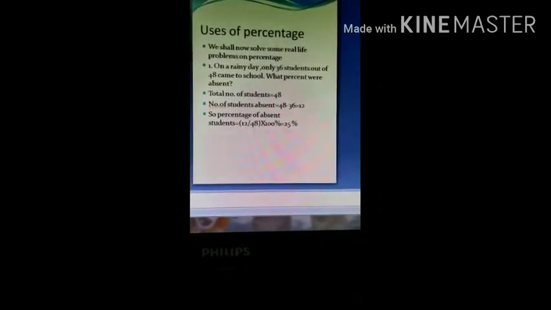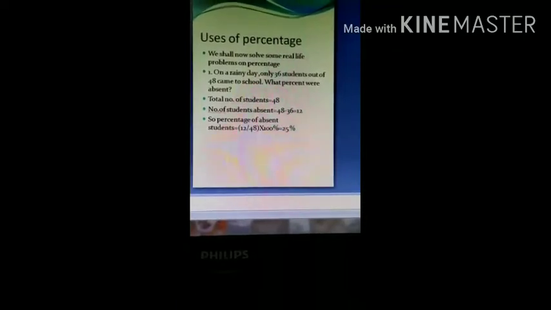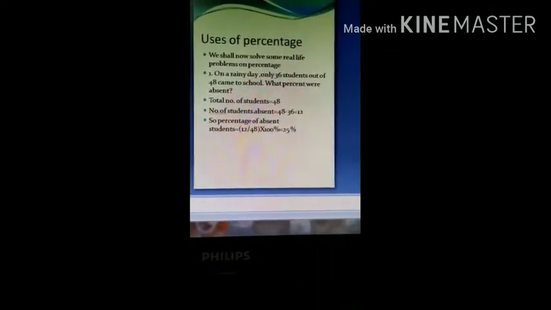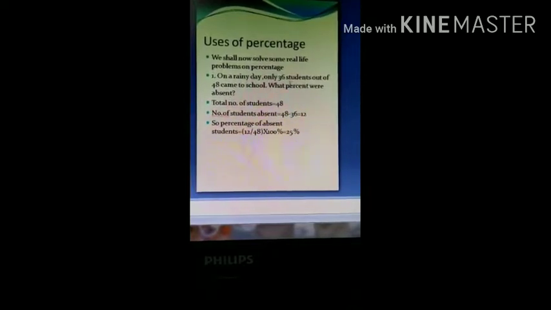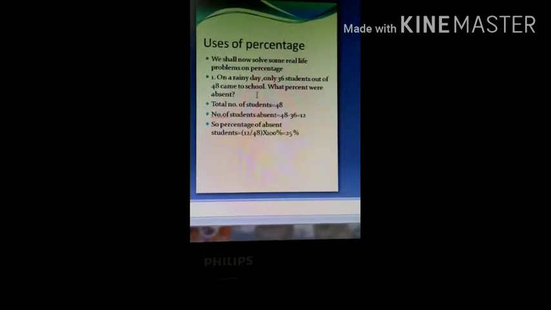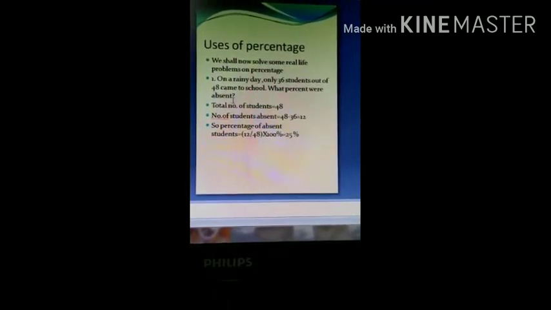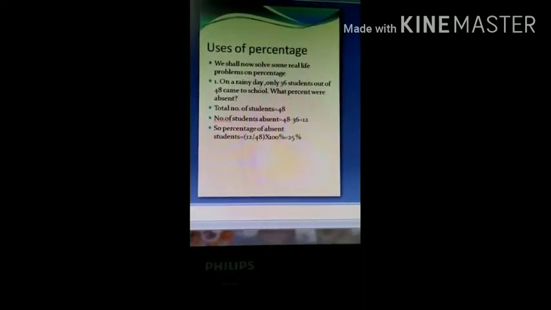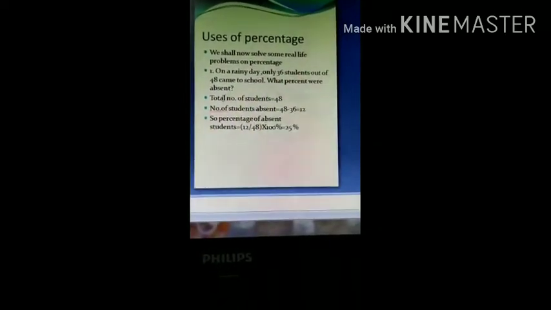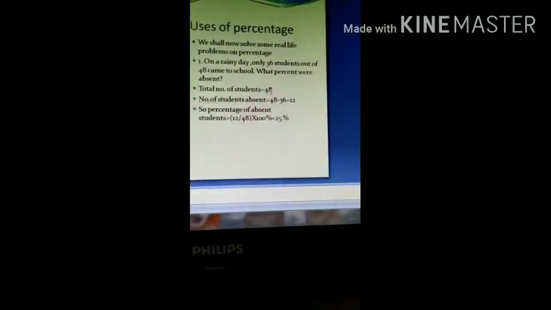Now we shall solve some real problems on percentage. Example: on a rainy day only 36 students out of 48 came to school. What percentage were absent? To find the percentage absent, we first take the total number of students, 48.